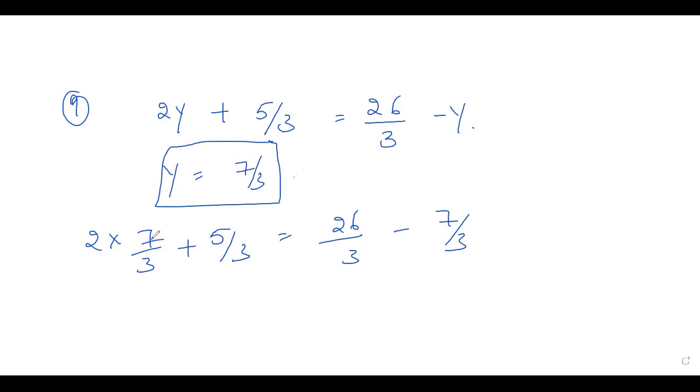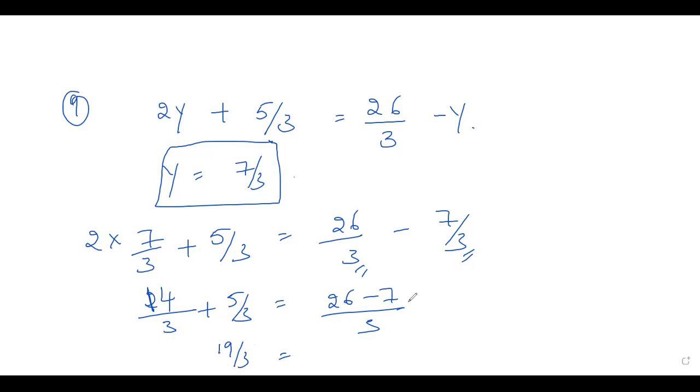Okay, children, multiply this: 2 7s are 14 by 3 plus 5 by 3. The denominators are the same here, so you can add the numerators directly. Here also the denominators are the same. So 14 plus 5 is 19 by 3. 26 minus 7, that is 19 by 3. LHS is equal to RHS.